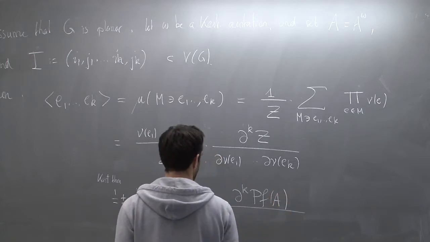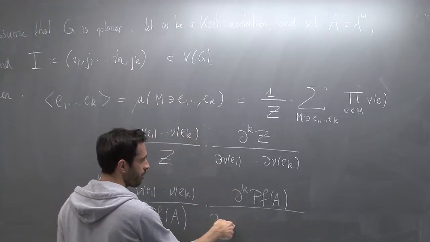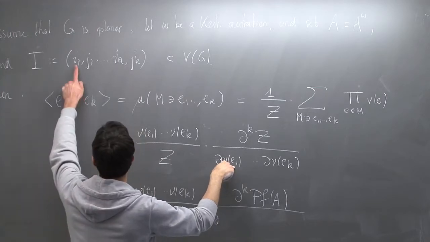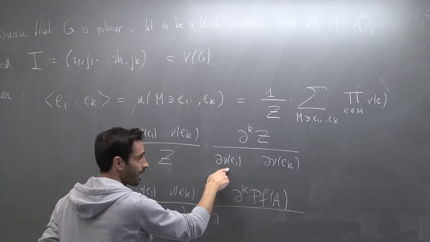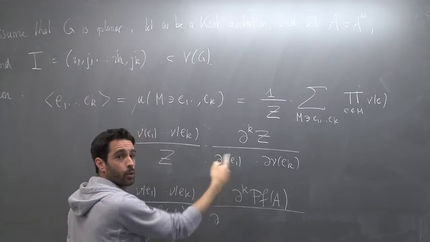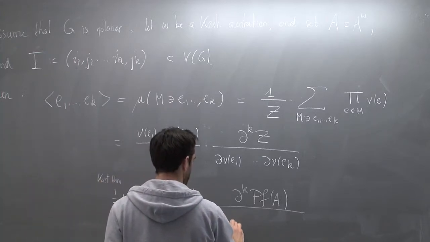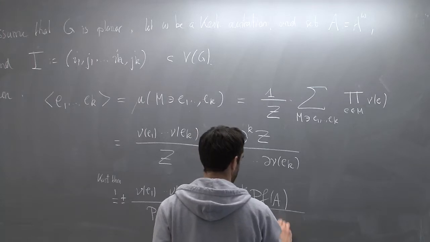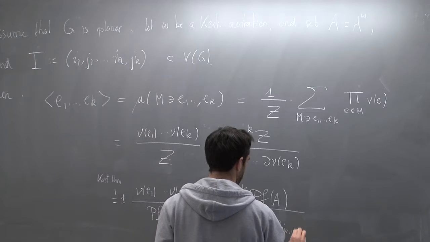Remember, the coefficient of the matrix corresponding to the vertices I1, J1 is exactly this weight up to a sign, so I put all the signs outside, and here I have A of I1, J1, ..., IK, JK.